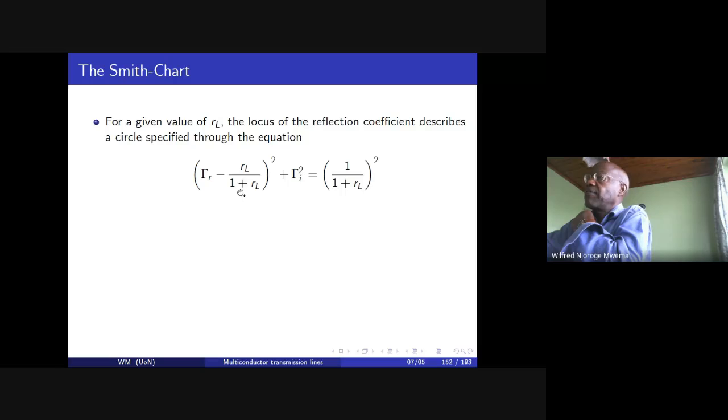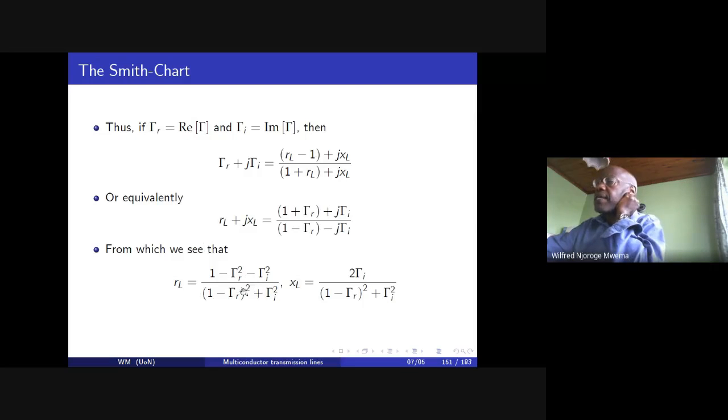And I think that is also something you'll have to ascertain for yourself after this class, that you can express these equations in terms of a circle. The equation of a circle is usually given as x squared plus y squared equal to r squared, where r is the radius and x and y are the coordinates.